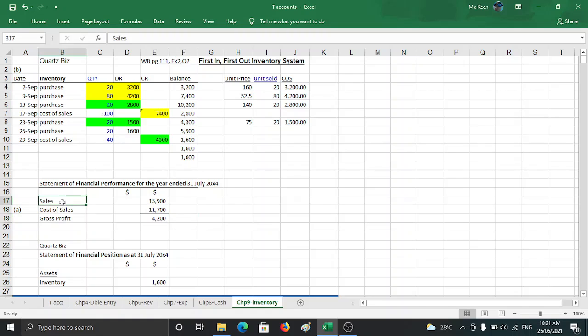So these are the relevant amounts to show in your financial performance. Then come down to financial position. The only thing left is your inventory balance, and that is 1,600 down here. So that's it, the typical question for first in first out at GCE level. This is what they'll ask.